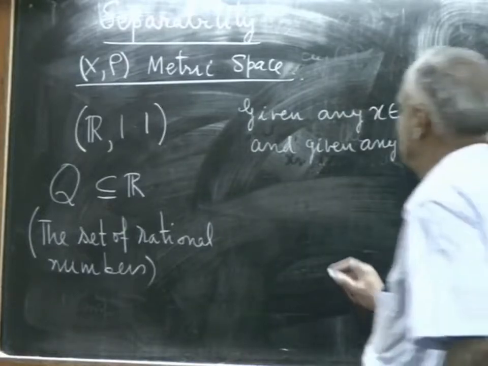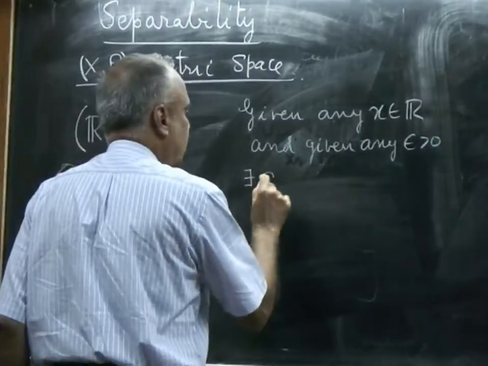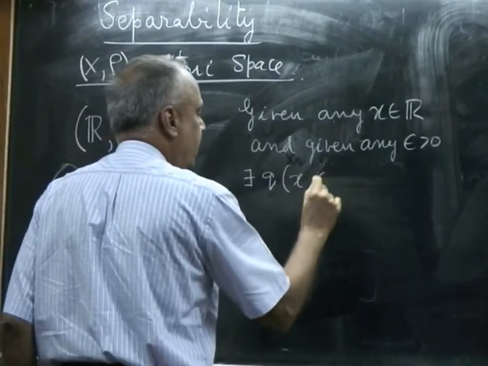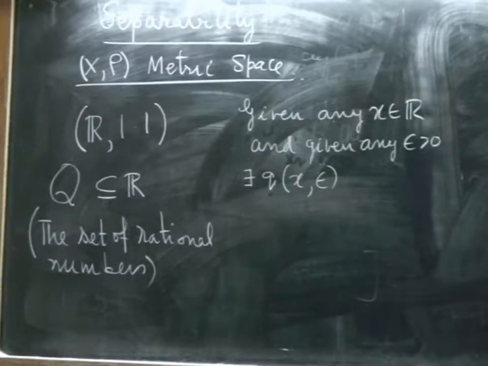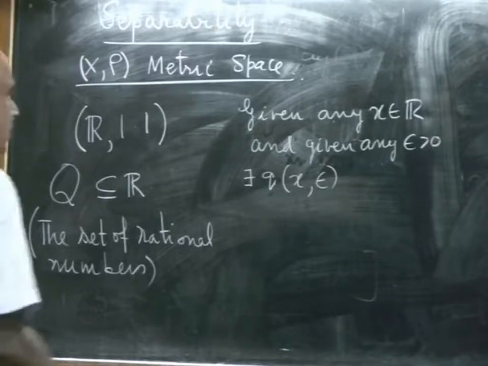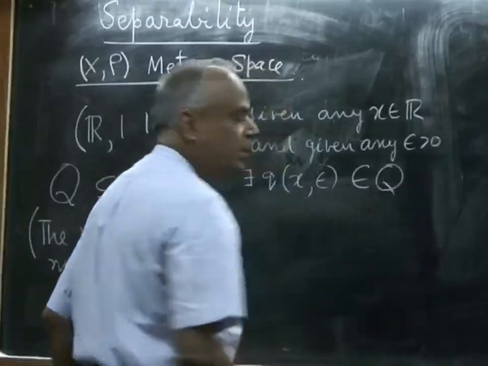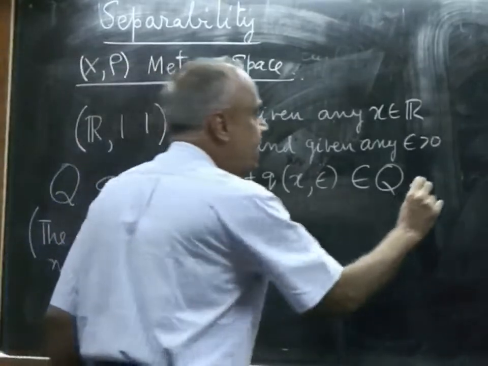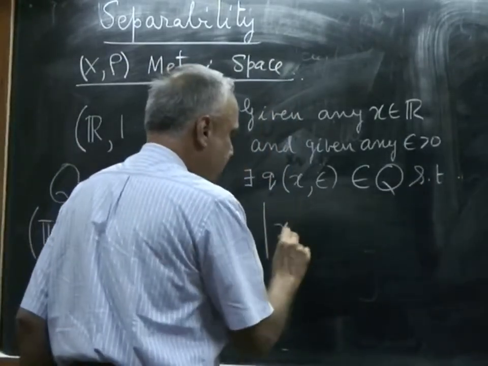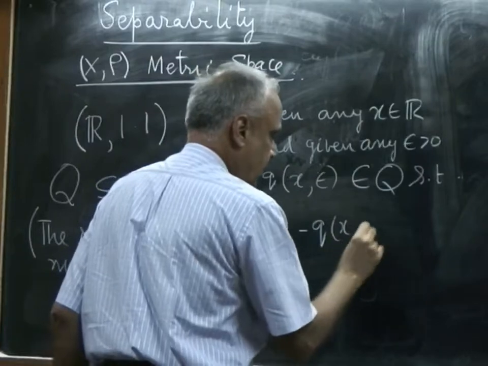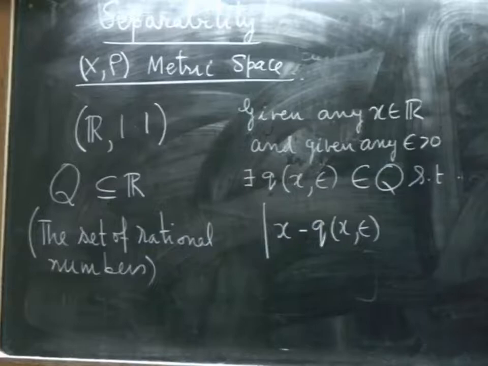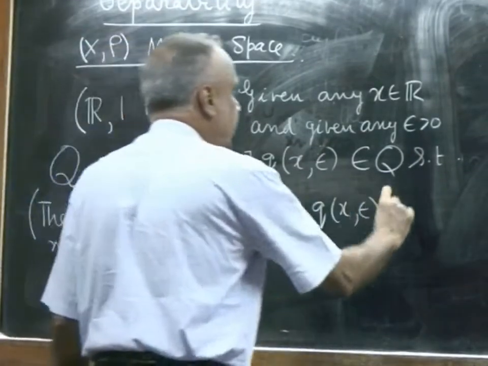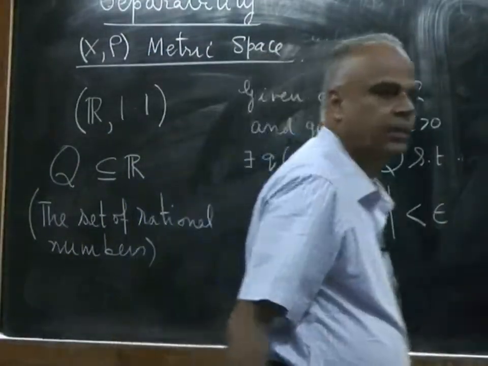So there exists a q, which will of course depend on x and ε. To be very precise, I must write it like that. It will depend on what number I am approximating and within what error I am approximating. There exists a q(x, ε), which is a rational number, such that the error, the difference between x and q, is less than ε.